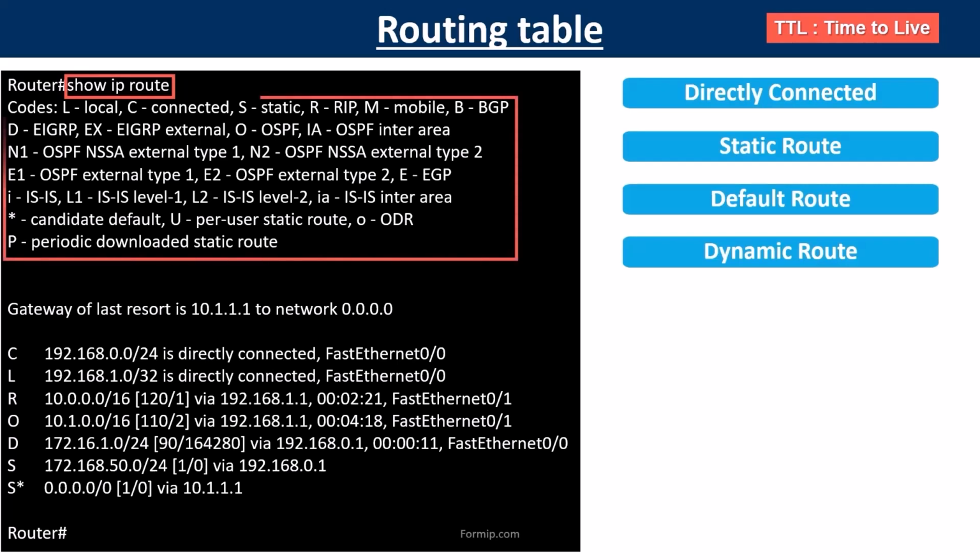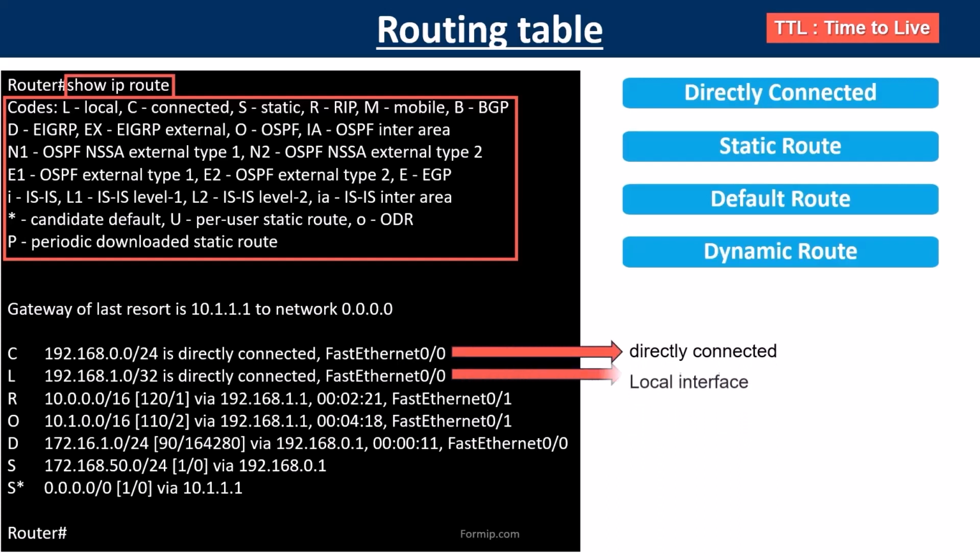The first part of this output explains the codes associated with the entries of the routing table. The letter C is reserved for directly connected networks. The letter L is reserved for local routes and indicates addresses in networks that are directly connected to it. The letter S is for static routes.